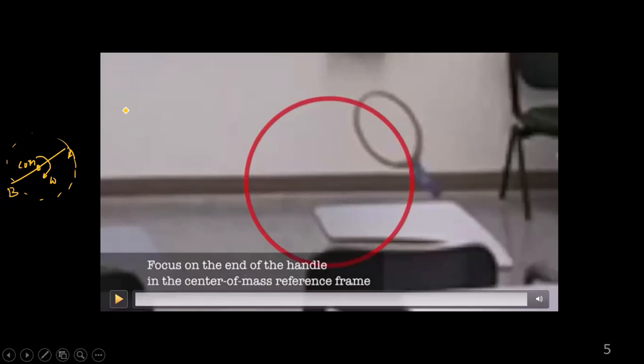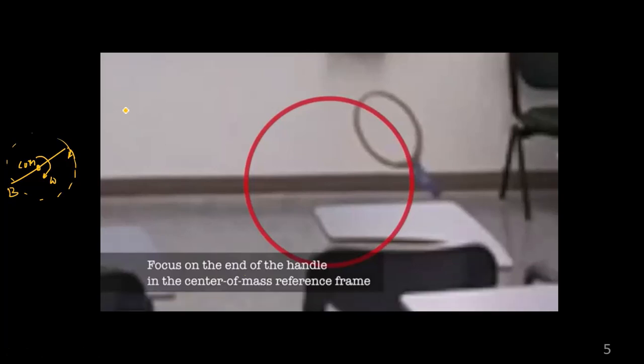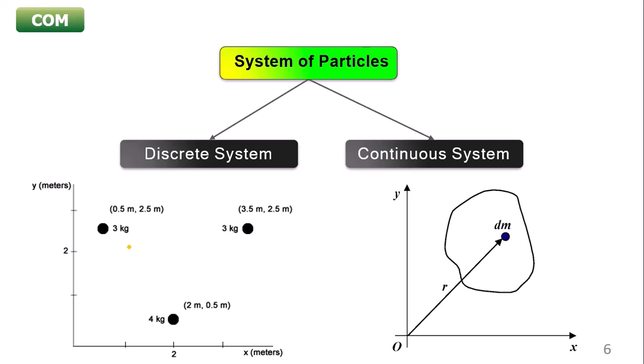These two motions are quite understandable to us because we have deeply studied them. That's why the end point, the midpoint or any other point performs different types of motion, but the center of mass is always performing a particular type of motion which is known to us.